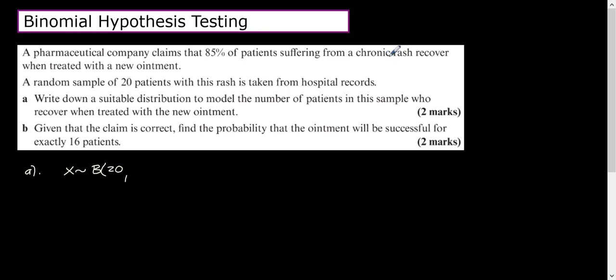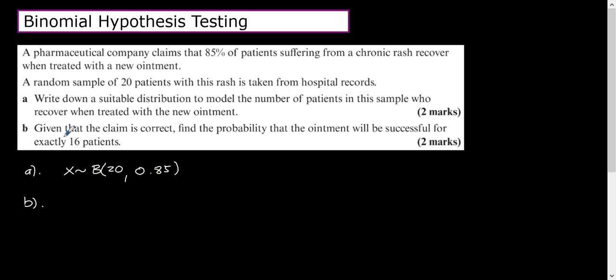Okay, so there's a success and a fail criteria. Success is that they recover, fail is that they don't recover. 85% chance of recovering, 15% chance of not recovering. So it fits our binomial distribution pattern. So there's our distribution, and that's it, right? Write down the suitable distribution. That's all we've got to do, right?